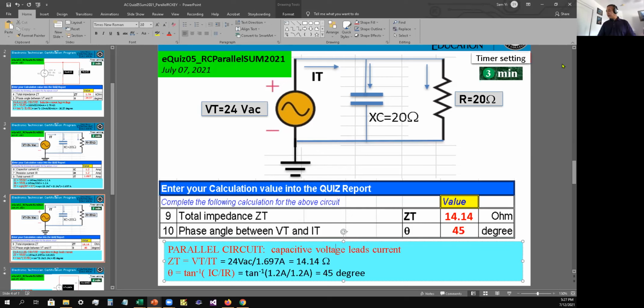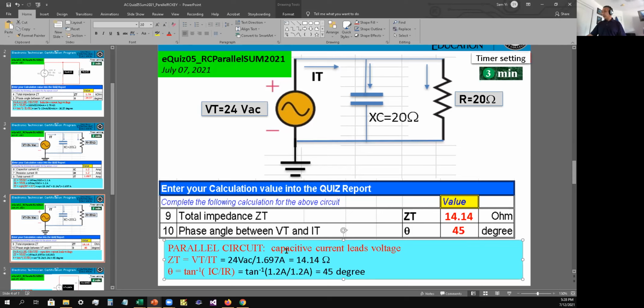Circuit, so therefore this one is going to be current lead voltage. Okay, so that's a capacitive circuit. So the current's going to lead in voltage. So this is going to be a positive angle because we're going to deal with currents in parallel.